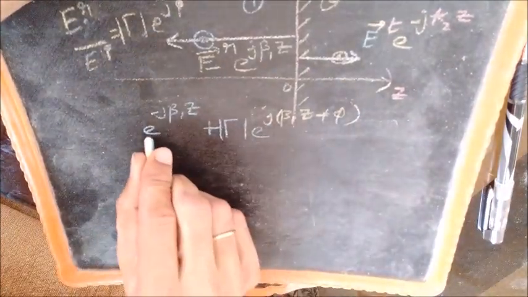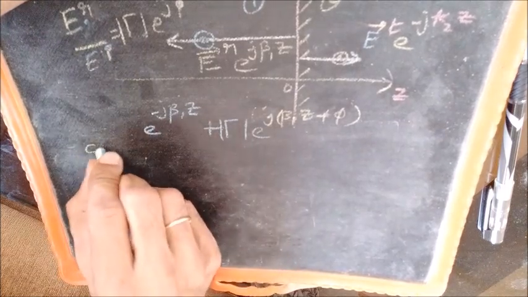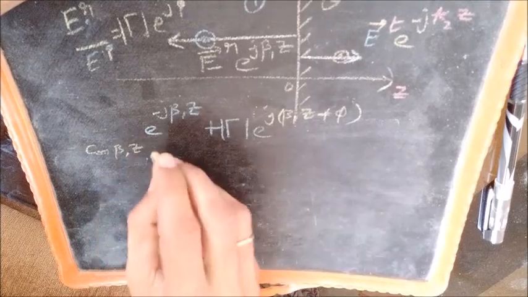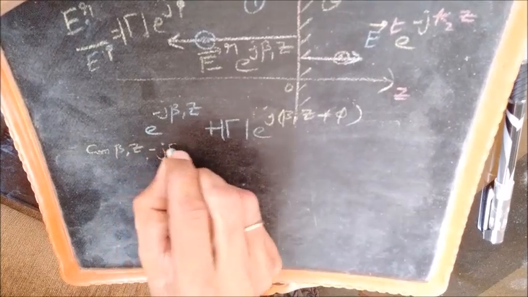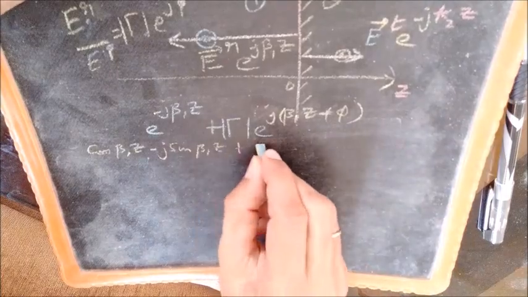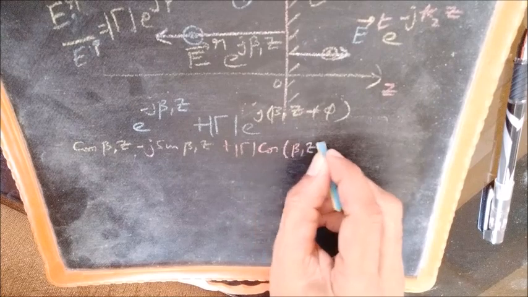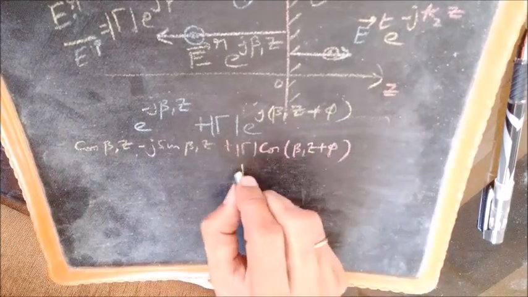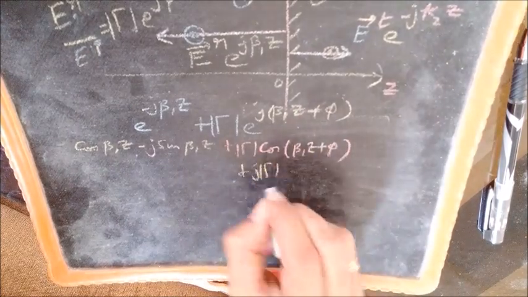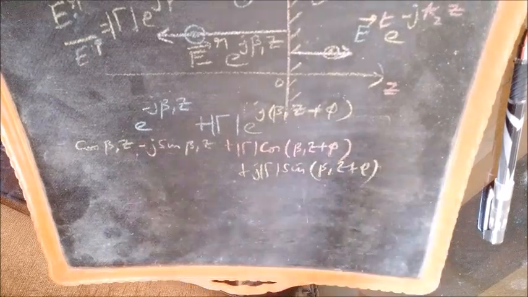Now we can express this as cos beta 1 z minus j sin beta 1 z plus gamma cos beta 1 z plus phi plus j gamma sin beta 1 z plus phi.